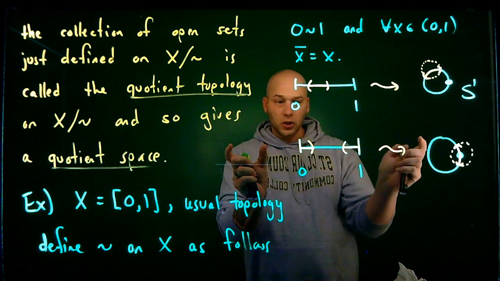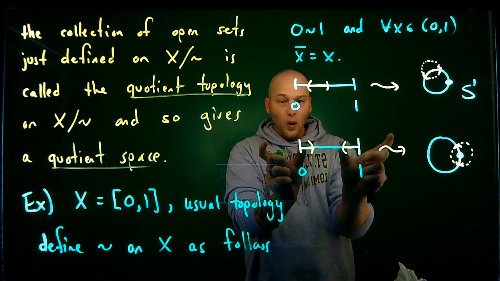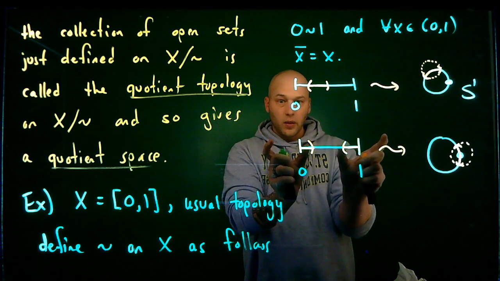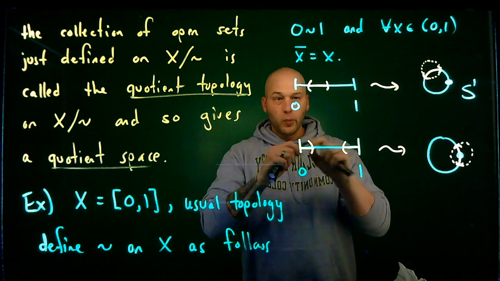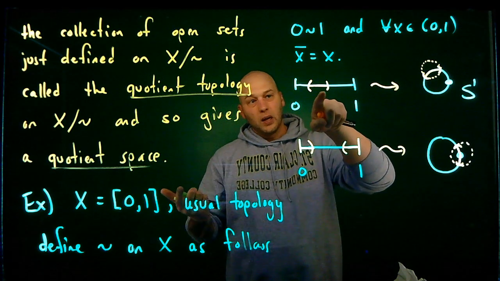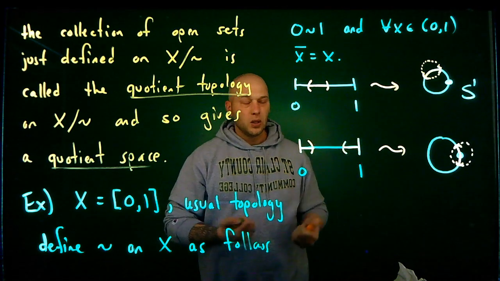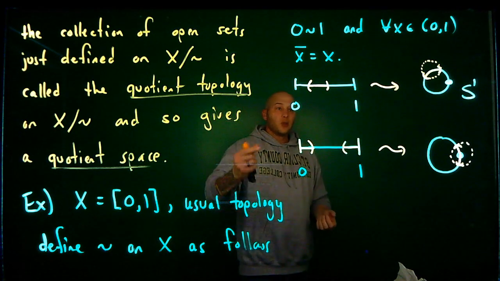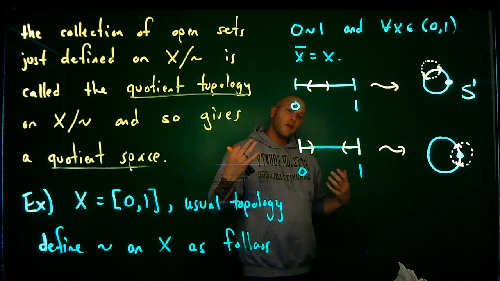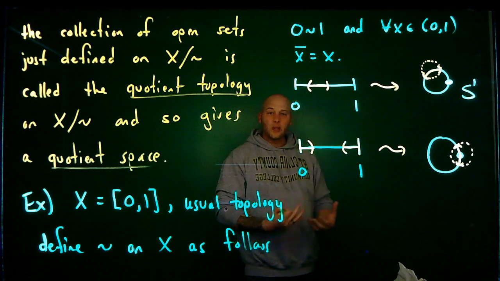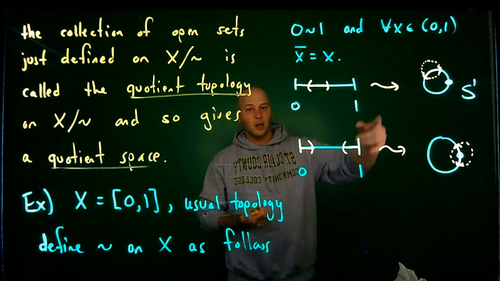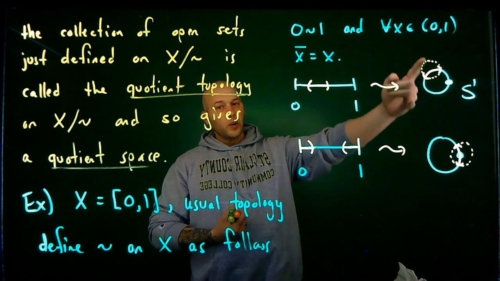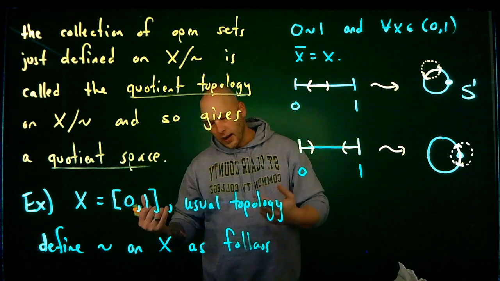It's the intersection of, say, two open intervals with 0 to 1, and this right here would also be open in the subspace topology as well. And so this gives me an image of what these open sets look like in the quotient topology, and how they are related to the original set X.